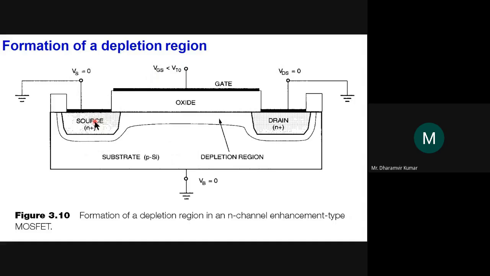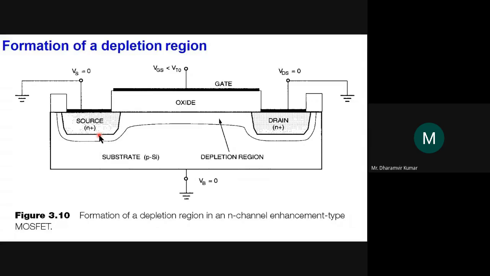And so we can say that the source region would be at a slightly higher potential as compared to the ground. Because of this, the p-n junction between the source and the substrate would be reverse biased. When it is reverse biased, we know that the depletion region exists when the p-n junction is reverse biased.